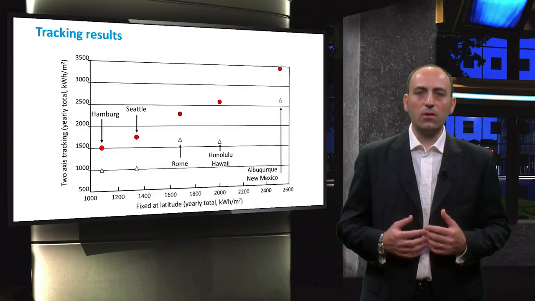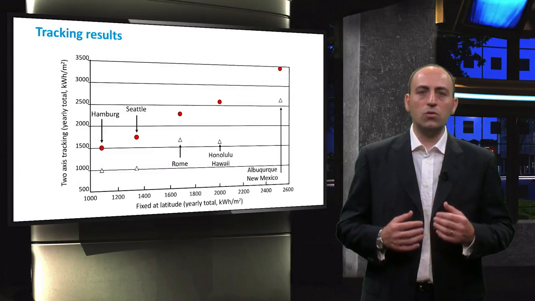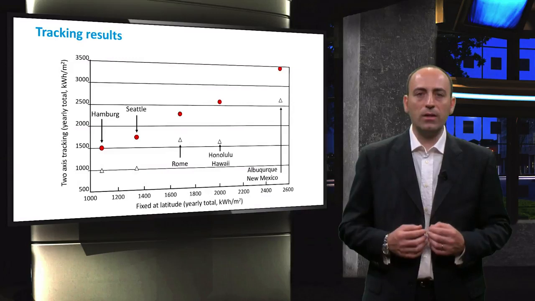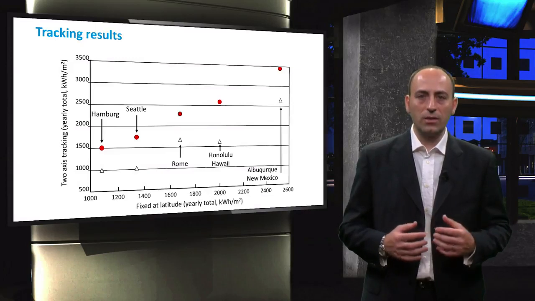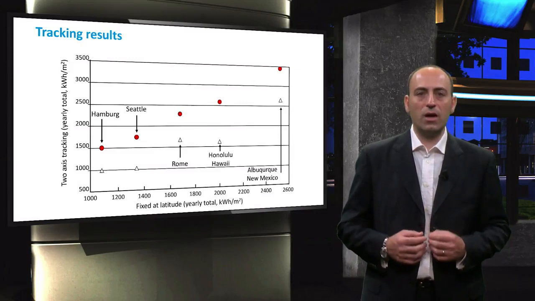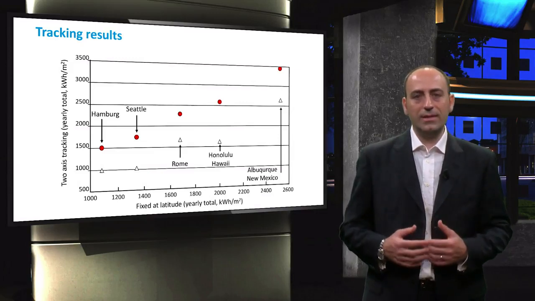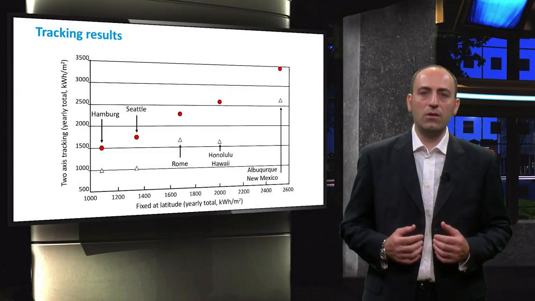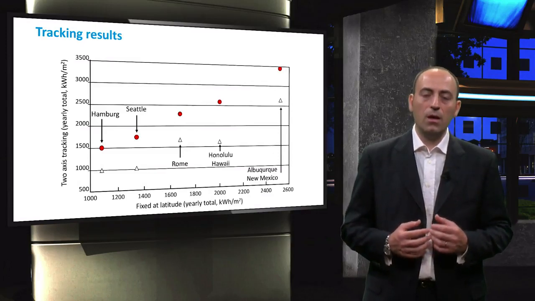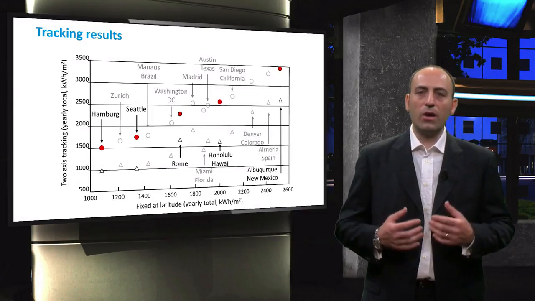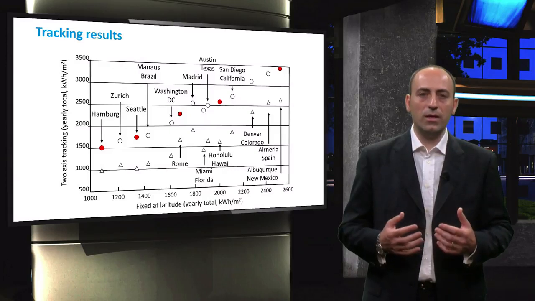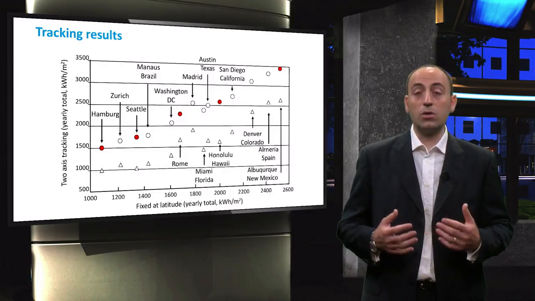There, in New Mexico, the energy potential is almost 2.5 times higher compared to Hamburg, and the difference in annual incident energy between a two-axis tracking and a fixed system is about 900 kilowatt-hours per square meter. So it is clear that the amount of incident energy is much higher for a dual-axis tracking than for a fixed system. The difference is more pronounced in locations where you have fewer clouds, like in Colorado, in the United States, or New Mexico there, or Spain.